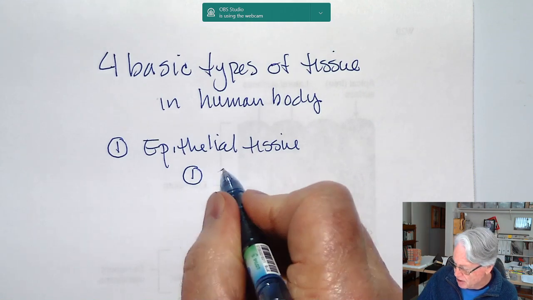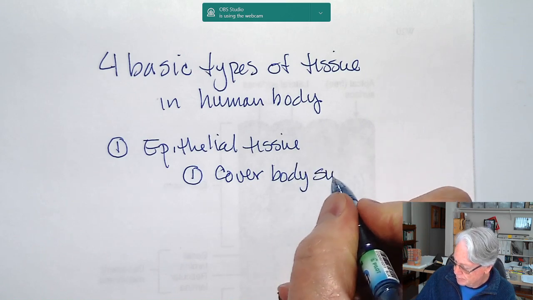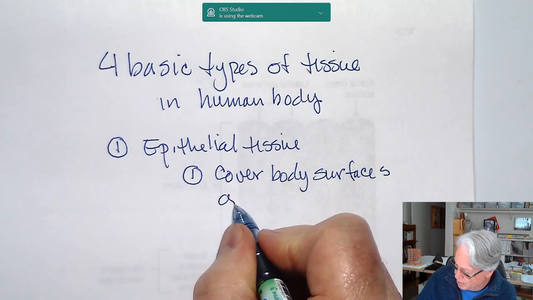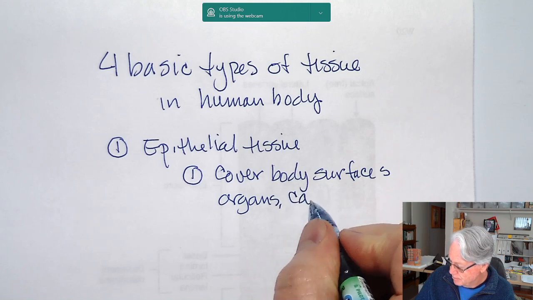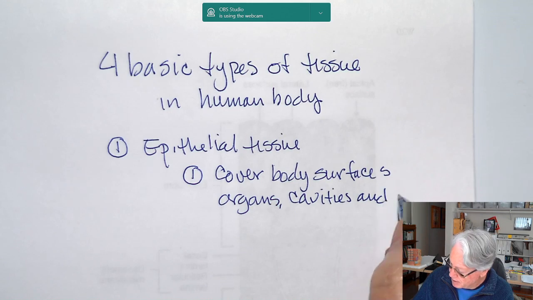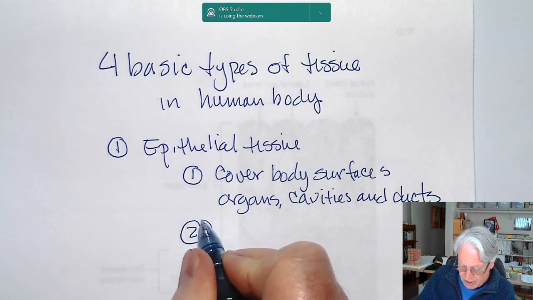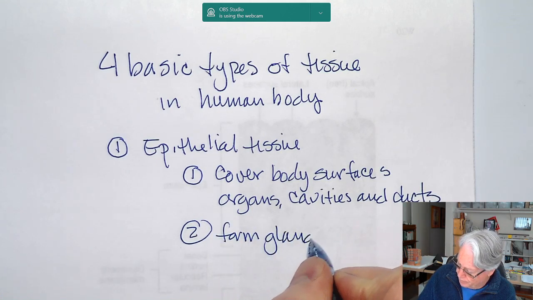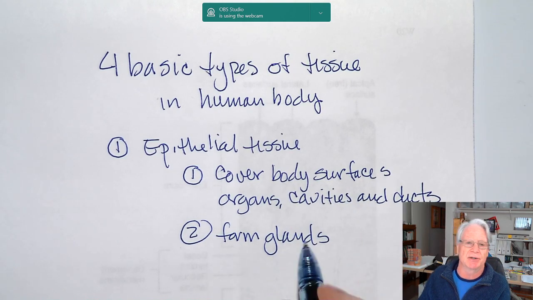Forms that cover body surfaces, organs, cavities, and ducts. And number 2, form glands. So we have covering and lining epithelial tissue and glandular epithelial tissue.